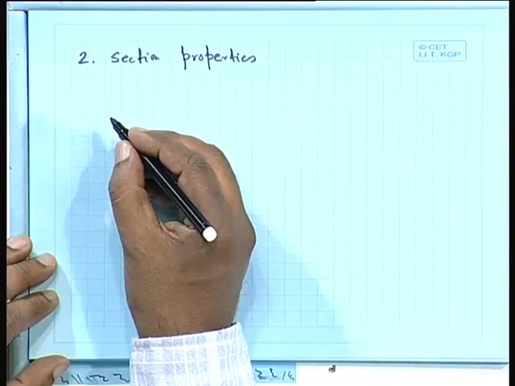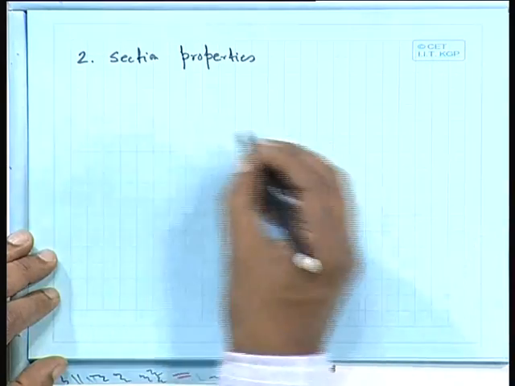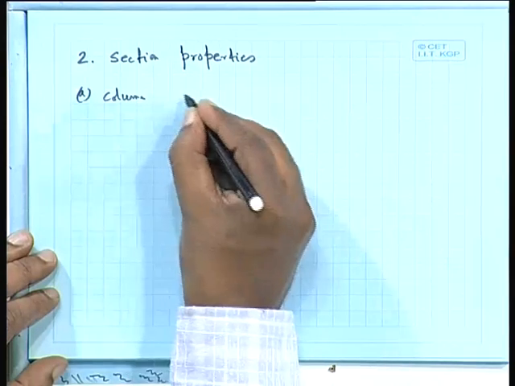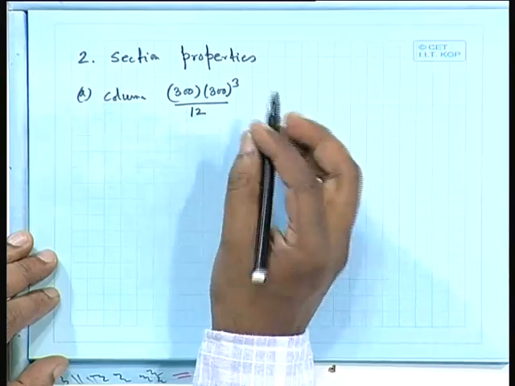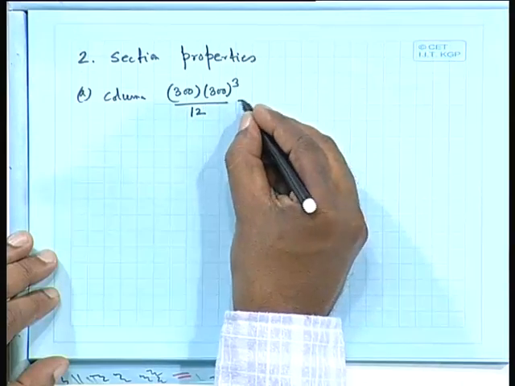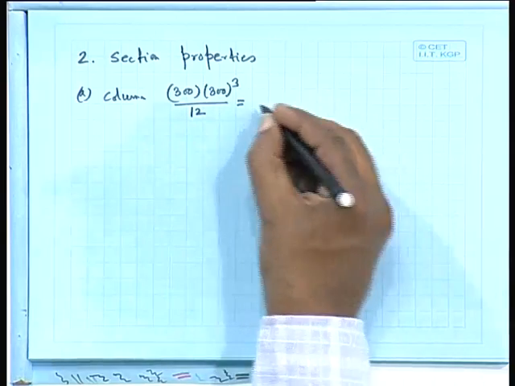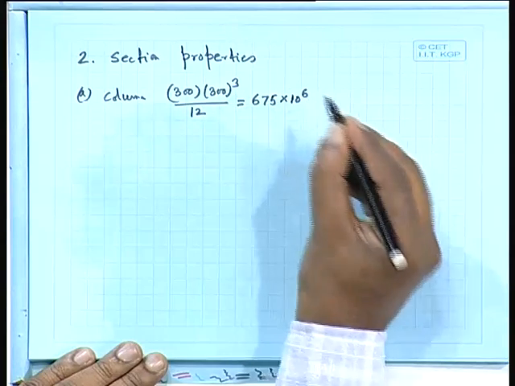In this case we can find it for the column, that is 300 by 300 cube by 12, the moment of inertia or second moment of area, and this one comes as 675 into 10 to the power 6.